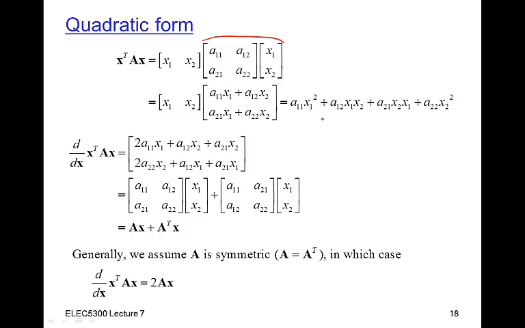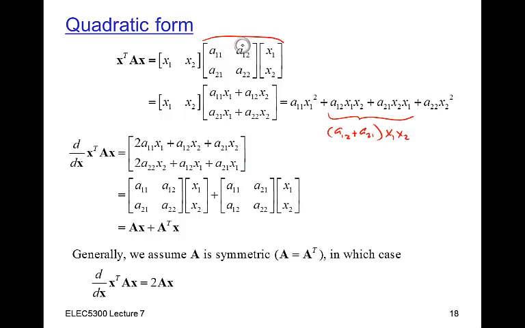And also you can see here that there's kind of an ambiguity between a12 and a21, because in this case this thing here is just a12 plus a21, times x1 x2, right? So I can actually have many matrices here that result in the same quadratic form just by adding something to a21 and subtracting something from a12.